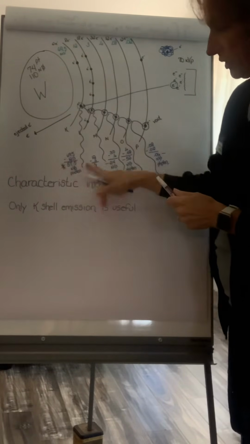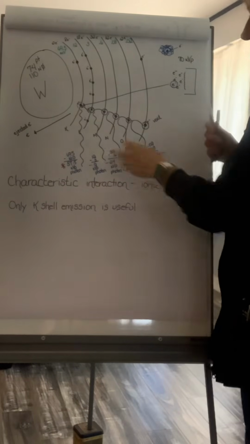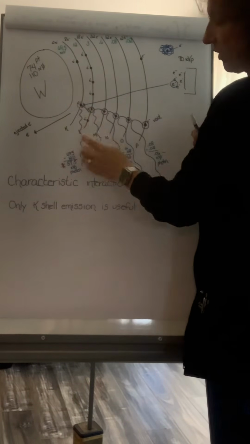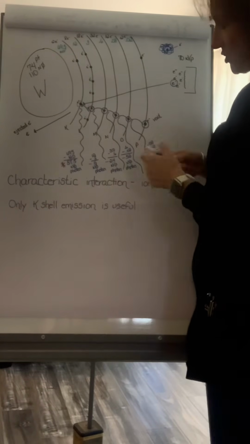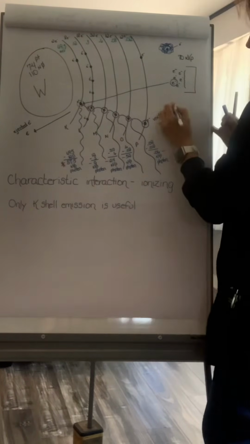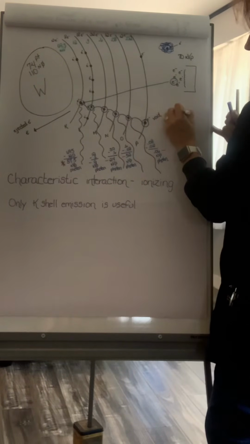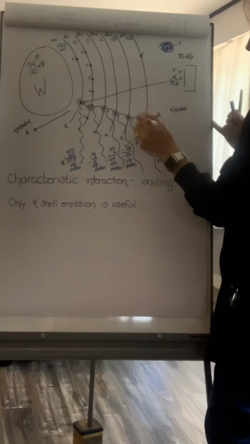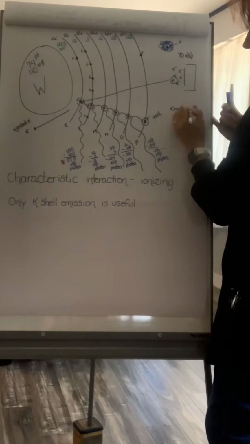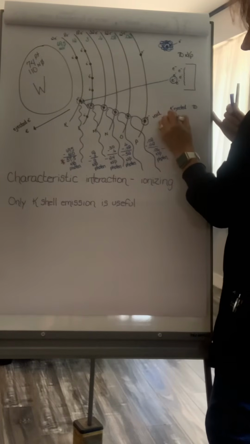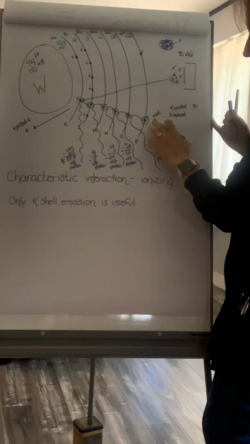Does it mean you'll only ever get 57.5? No. What happens is if K shell gets knocked out, any shell level can replace it. So let's say K got knocked out, K got ejected. All right, so let's just call it 70 because we'll just round it off. So if that one got knocked out, and let's say P replaced it, because that would yield us the most energy, right?